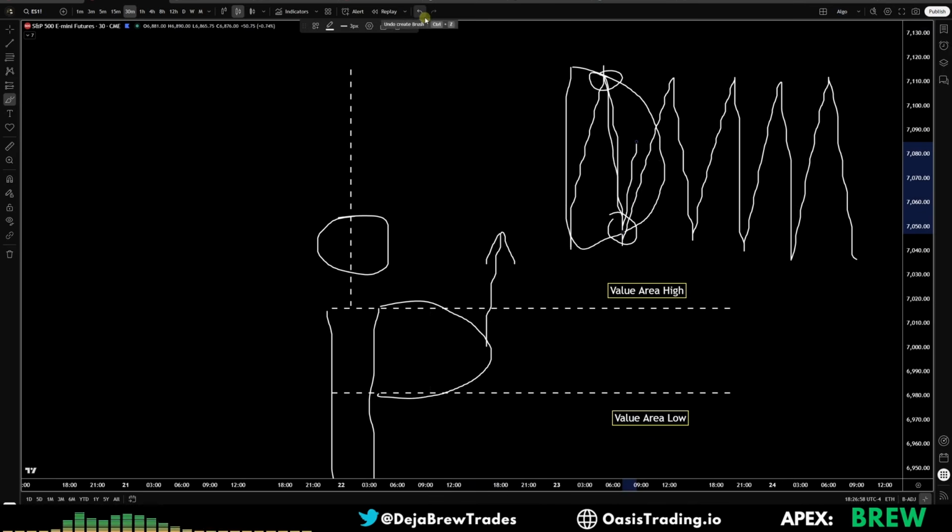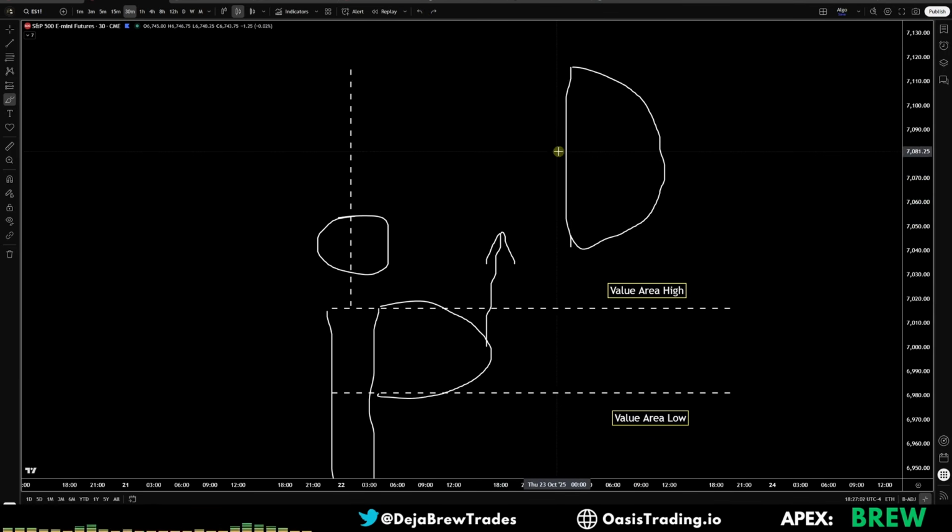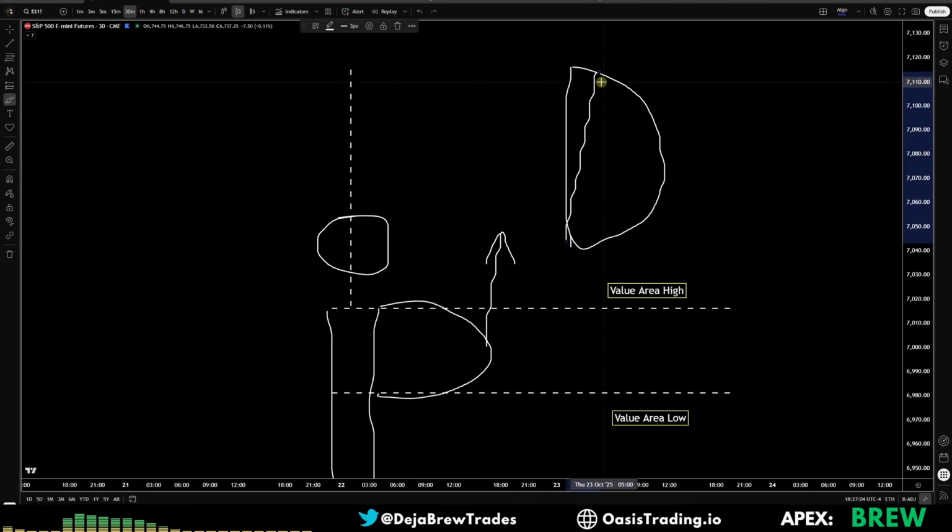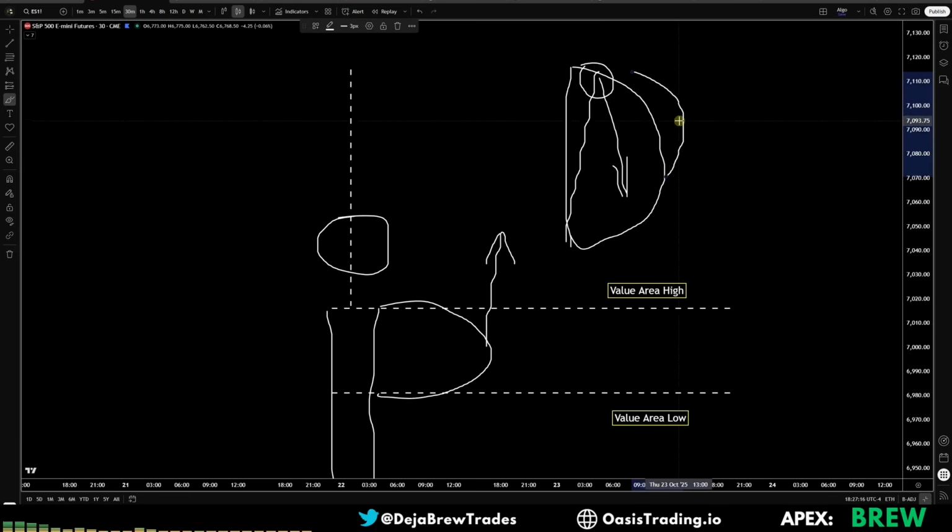If we want to go higher, what does that mean? It means that they should no longer be rejecting this price and going back down. They should be accepting that price. So where that node is building up, they need to stop finding a lot of sellers on that upper half of that node, like towards the middle or even towards the high, right?